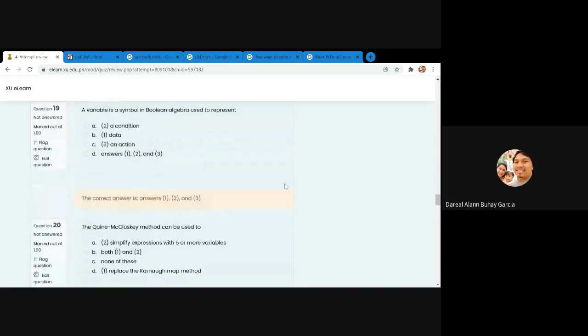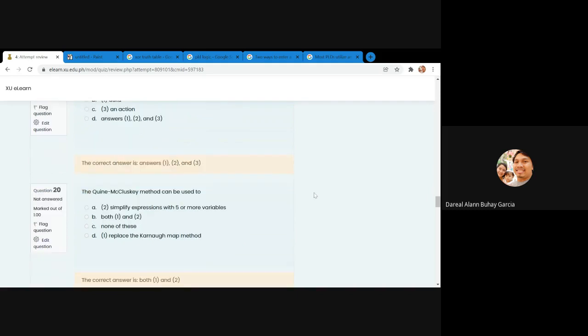Quine-McCluskey method can be used to... I only touched on it for a few seconds; it is higher level than the K-map. So both 1 and 2. It replaces the K-map method. Remember, the limitation of the K-map is only 4 variables, 4 inputs.